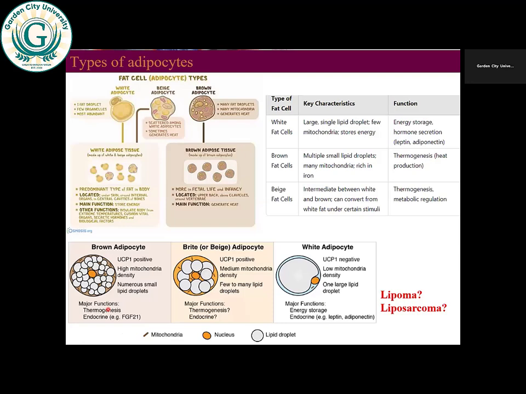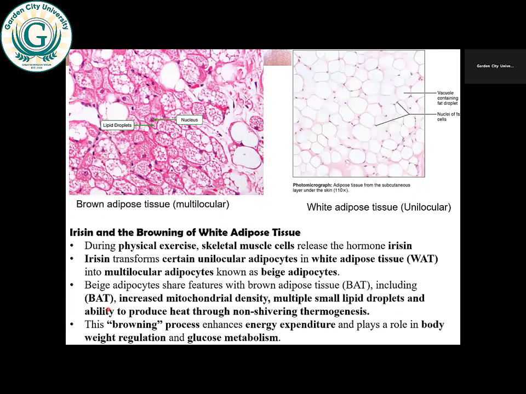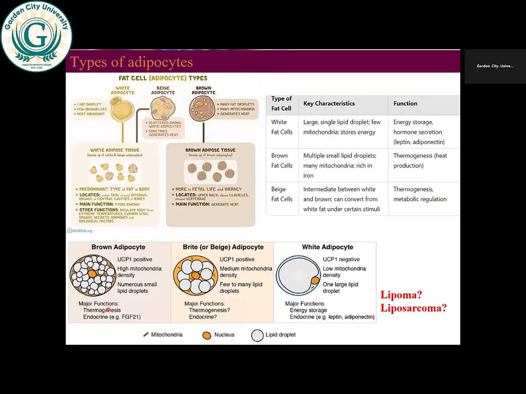Now, not long ago, I think about 10 years, they also identified another type of adipocyte that is in between the two. We call them the brite or beige adipocytes. They are intermediate between the white and brown. And this is the interesting part: it can convert from white fat under certain conditions.